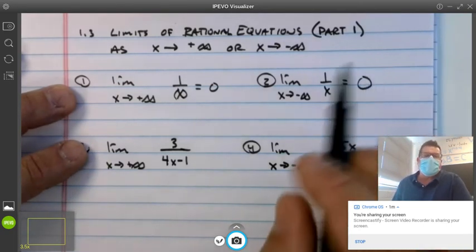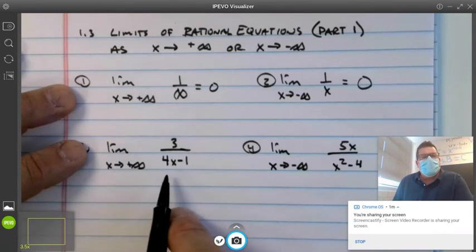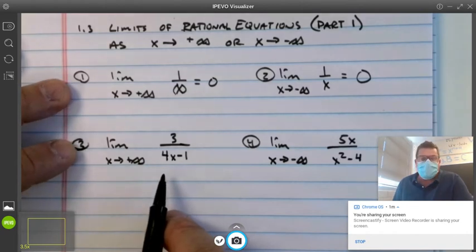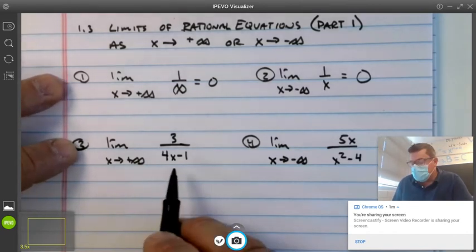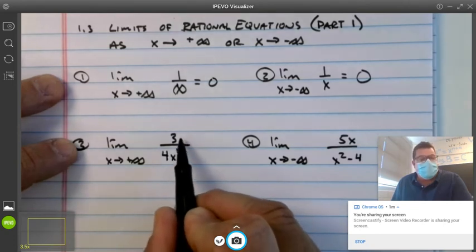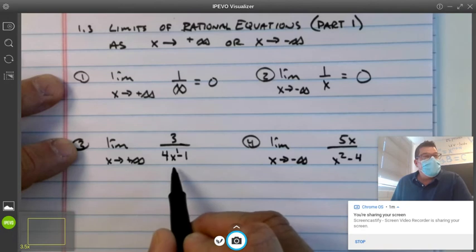With that in mind, it works just like finding horizontal asymptotes. Finding horizontal asymptotes falls into one of three categories. When the degree on the bottom is greater than the degree on the top, which is really x to the 0th, then the horizontal asymptote is y equals 0.